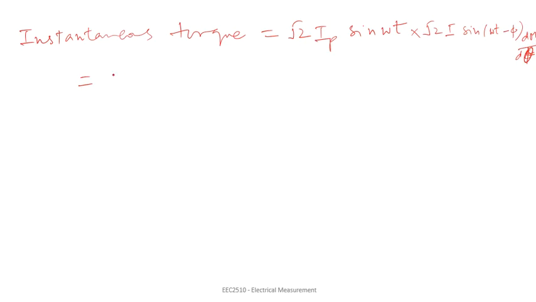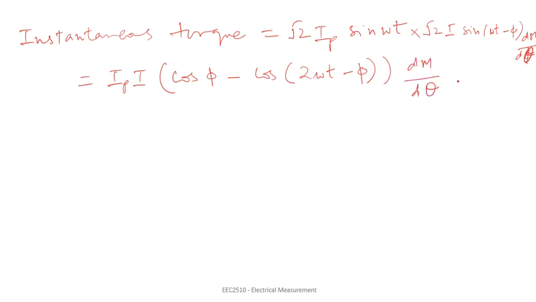So, it should be the product of two currents, cos phi minus cos (2 omega t minus phi), dM over d theta.